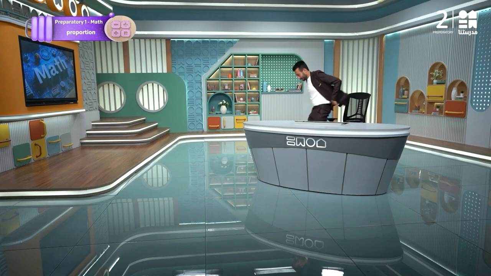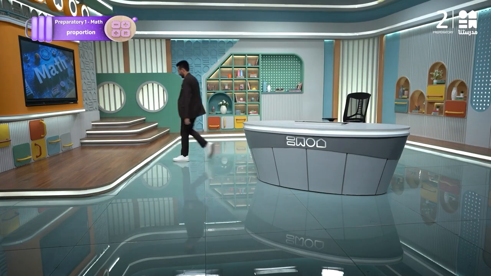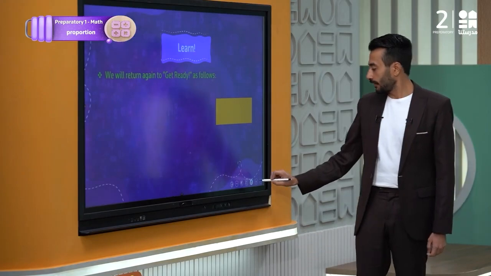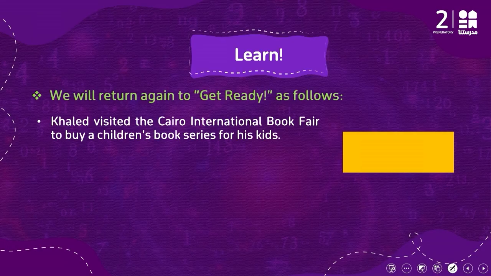Now, let's go back to our first question to discuss another way using proportion to find the answer. In the first question, as we said, this is easier than the first way we solved with.